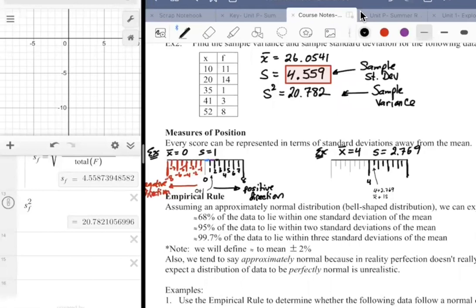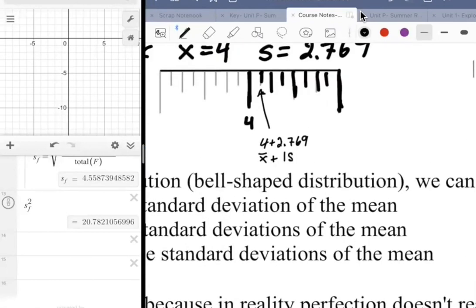So you can see how this will get pretty out of hand pretty quickly, because the next one would be 4 plus 2 of those 2.769s. That's the same as saying X bar plus 2 times whatever the standard deviation is. All right, so it gets a little messy, or very messy, very quickly. But the same concept is at work.